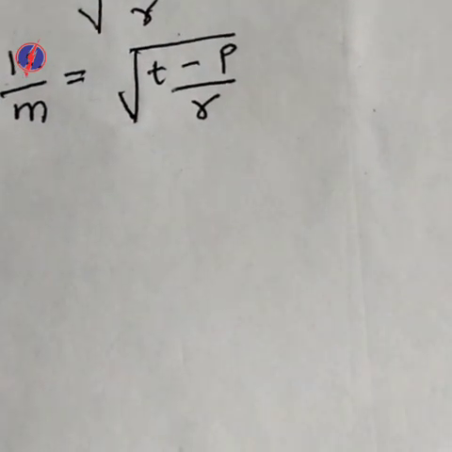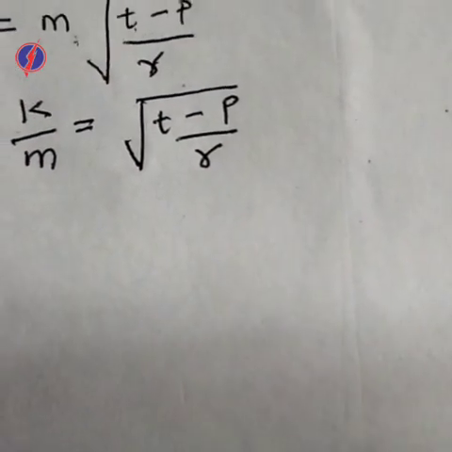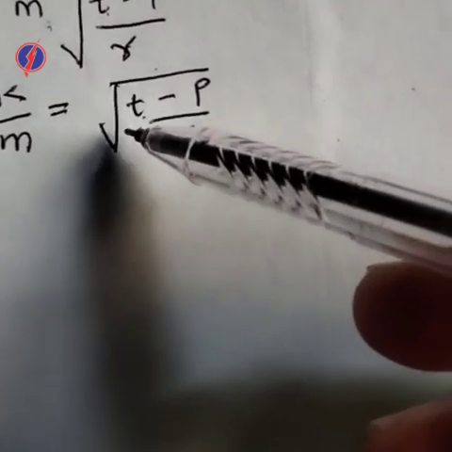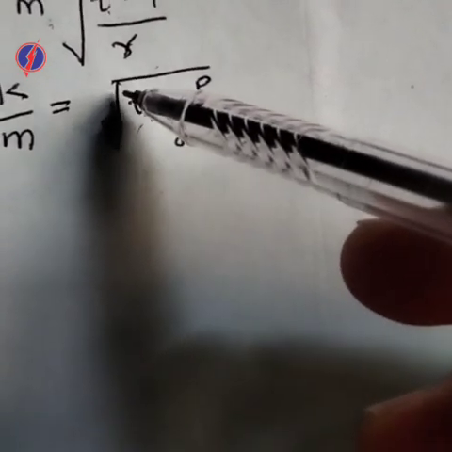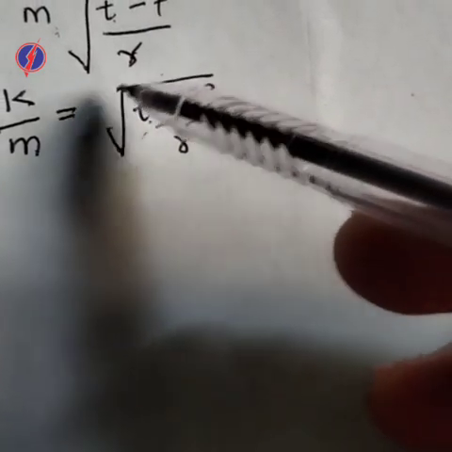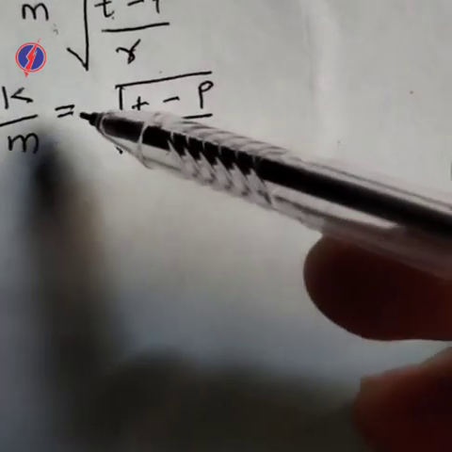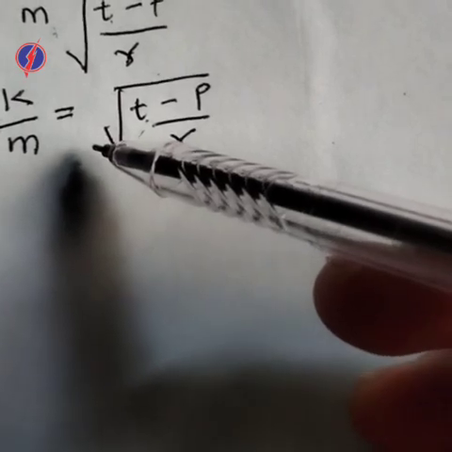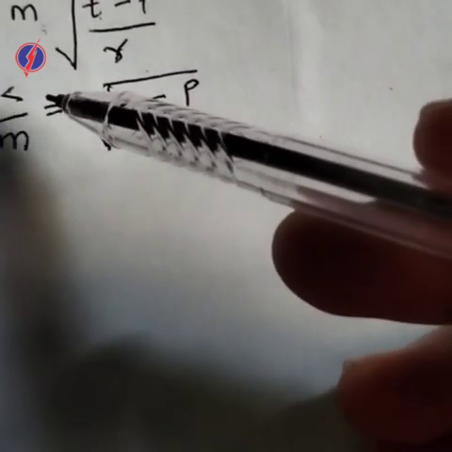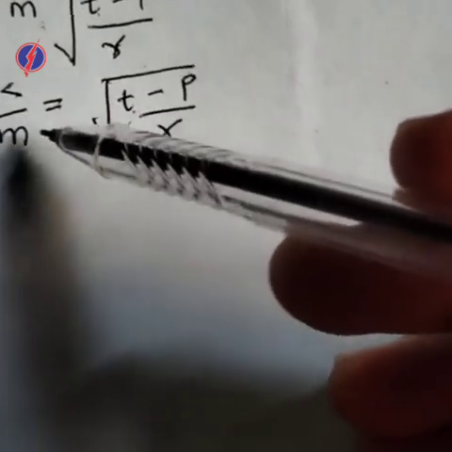Okay, so remember we are trying to make t the subject of formula. So for us to make that possible, the next step is to square both sides. At this point, instead of me squaring both sides, when the square root crosses the equal to sign, it's going to turn into the square.